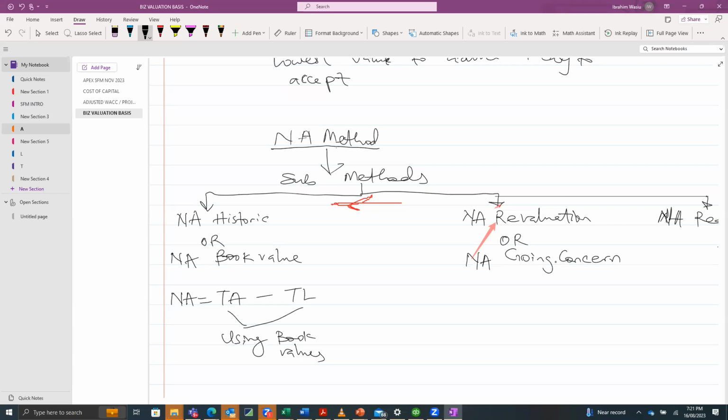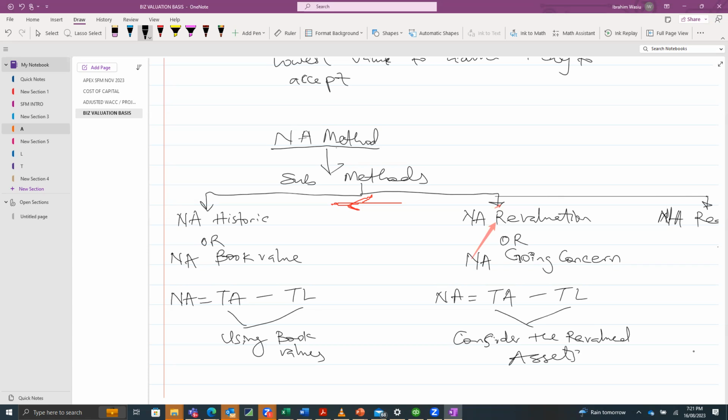Are you on the same page? Why do you want to revalue your assets? Because you still want to be in the business, isn't it? So this one is still your net assets, total asset minus total liability. But here you consider the revalued assets.